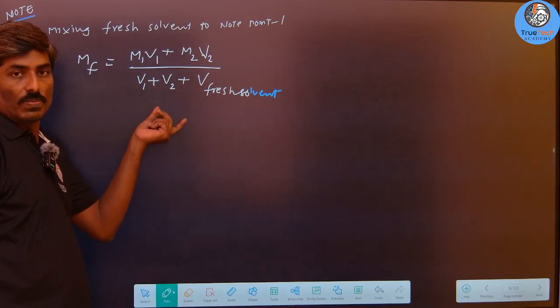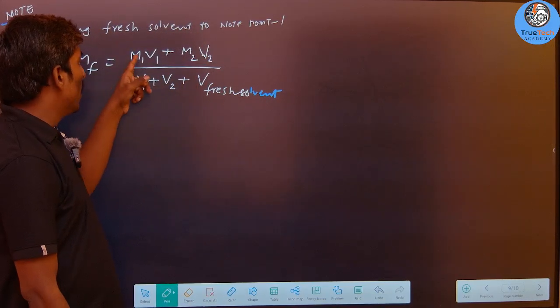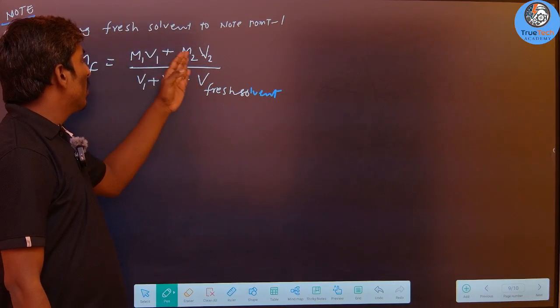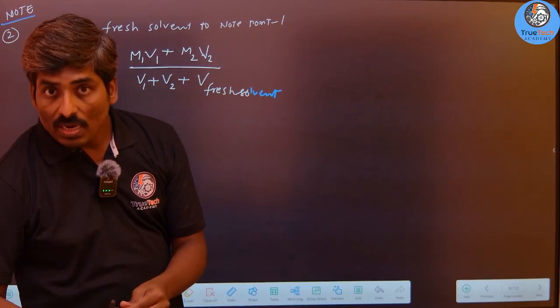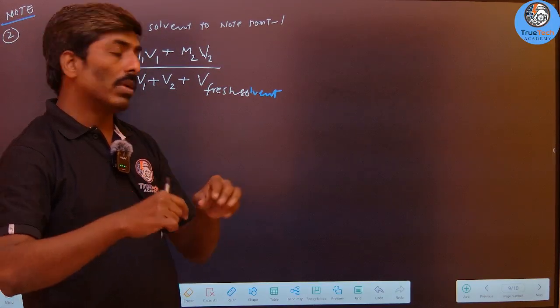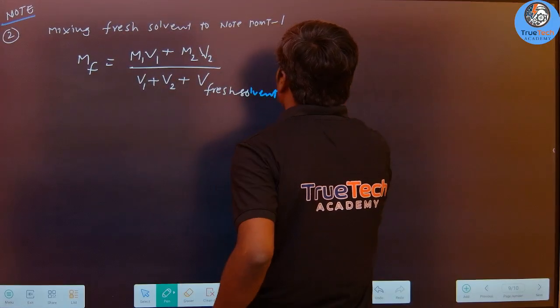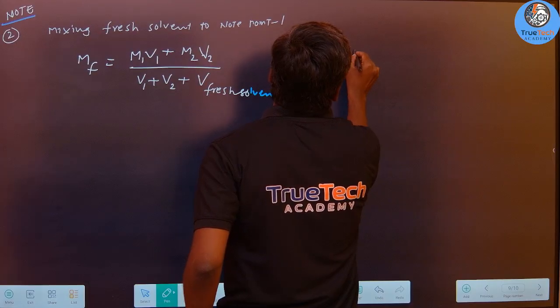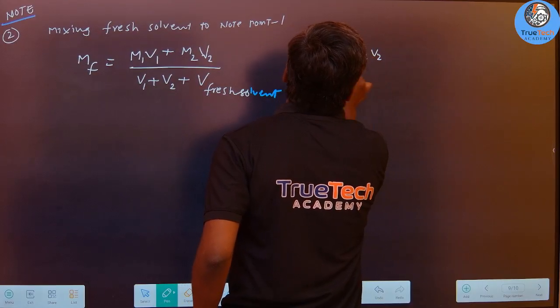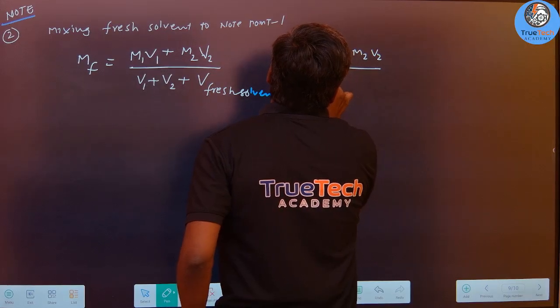This is the formula. The previous formula up to here is M1 V1 plus M2 V2 by V1 plus V2. Here we are adding V fresh solvent, so it is also included. Instead of writing this entire thing, simply we can write M1 V1 plus M2 V2 by total volume.